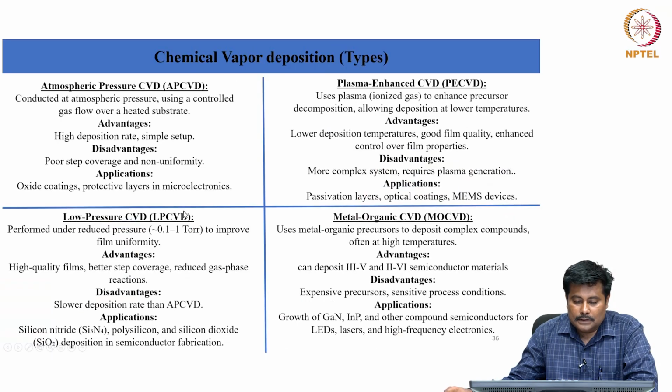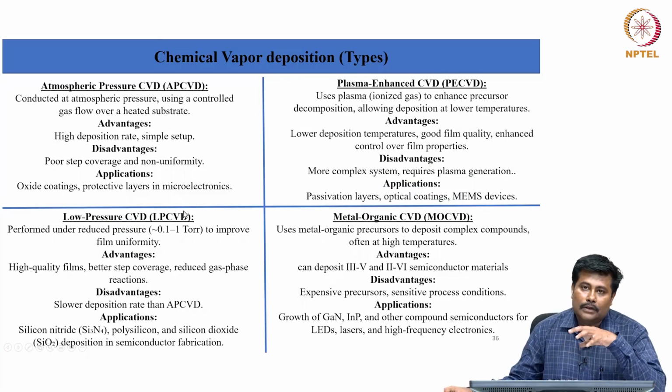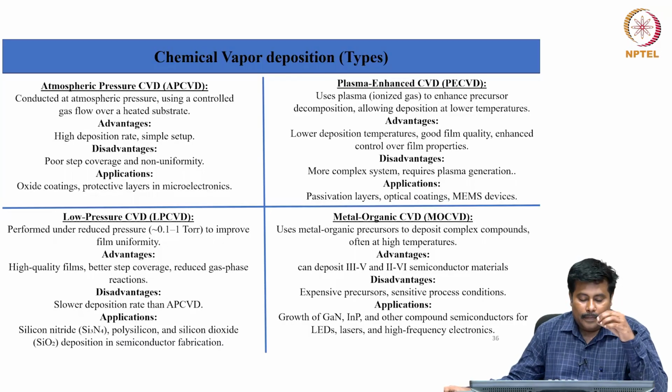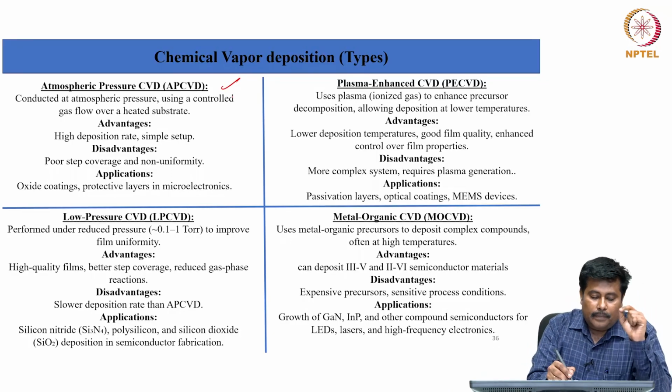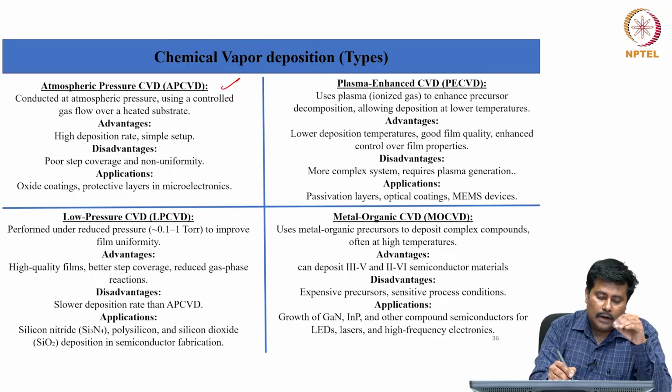These CVD processes are classified based on the type of functionality as well as the type of application. The first type of CVD is called atmospheric pressure CVD. The main function of atmospheric pressure CVD is that it is conducted at atmospheric pressure using a controlled gas flow rate over a heated substrate.